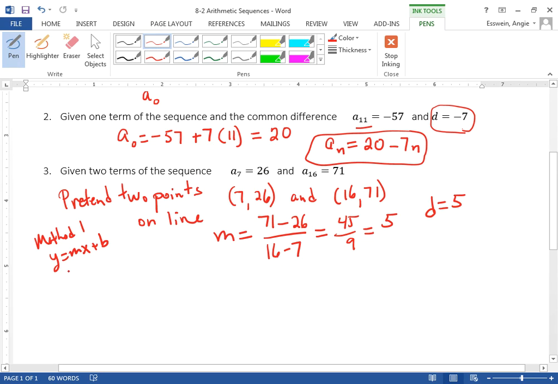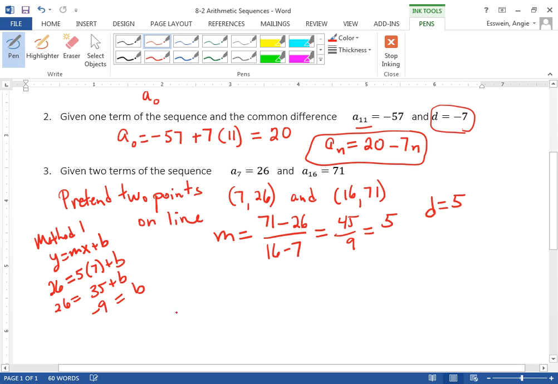So you pick a point, let's say 7, 26. So y equals, the slope is 5 times x plus b. So 35. So we subtract 35 and we get -9.